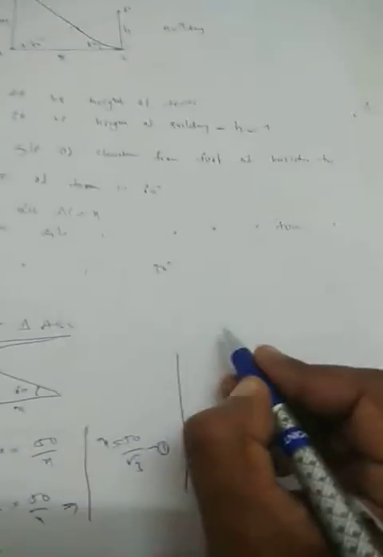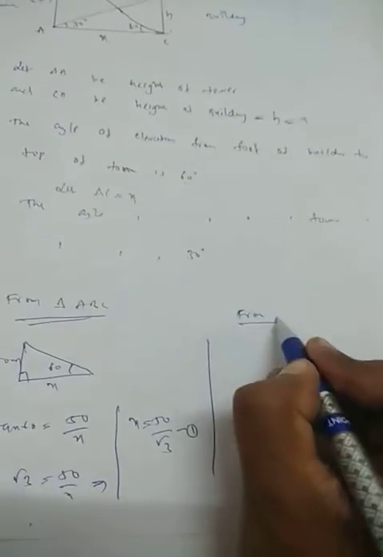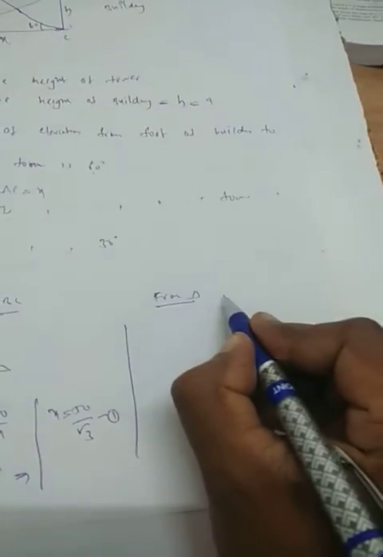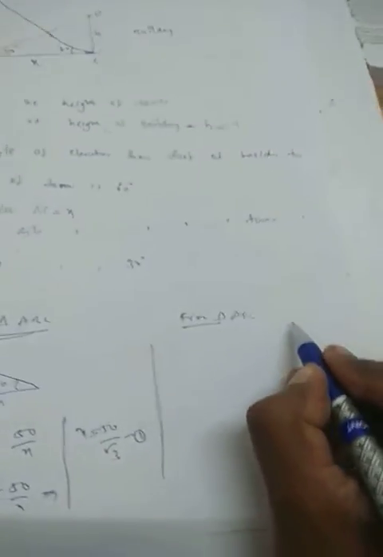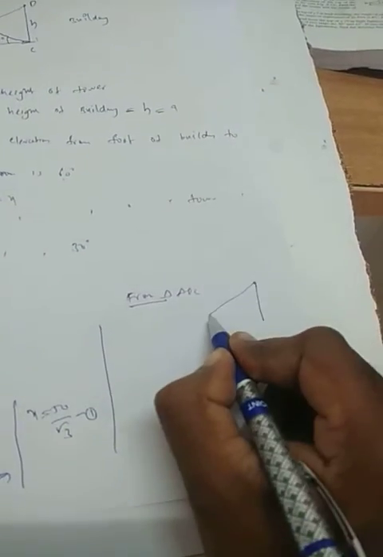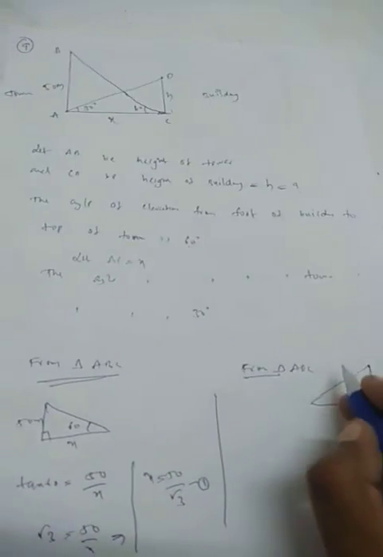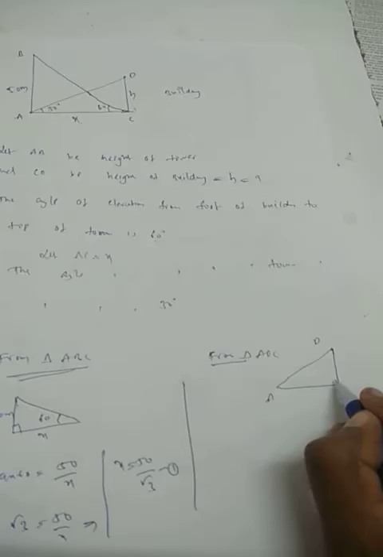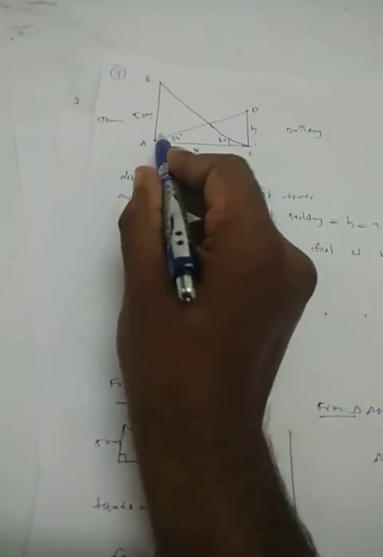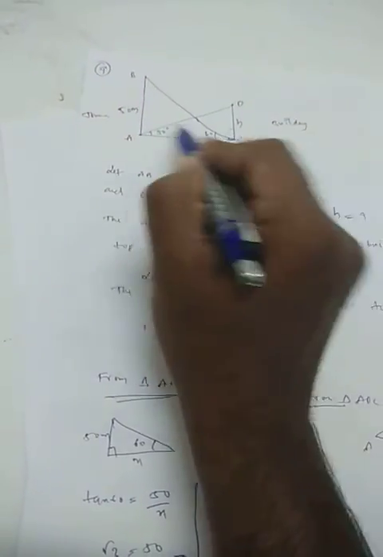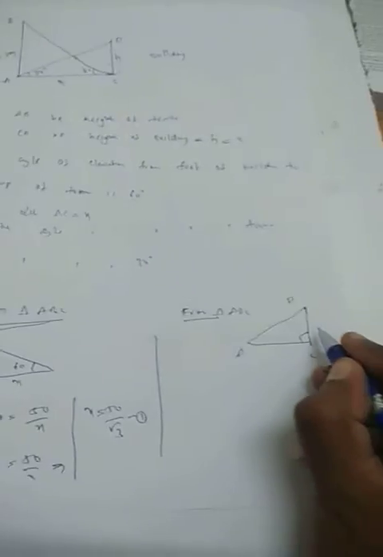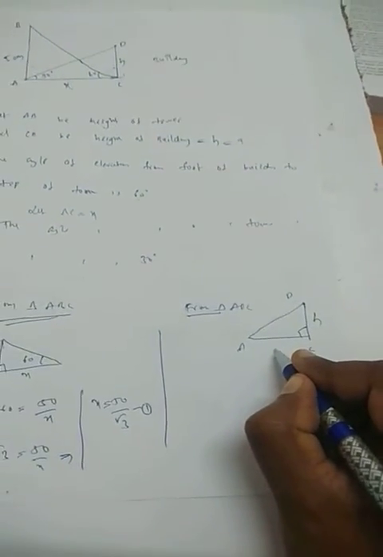Next, from this triangle ADC. This is the triangle ADC. This is obviously 90 degrees, because if it is vertical it makes an angle of 90 degrees here also. So here this will be H, this will be x.